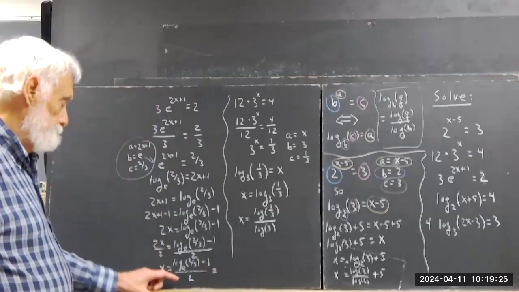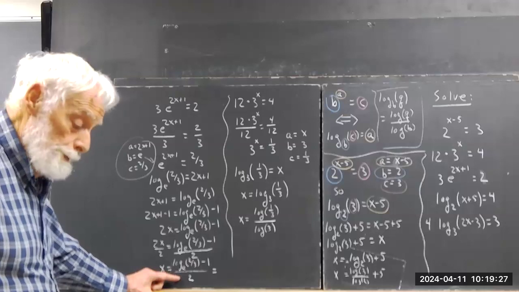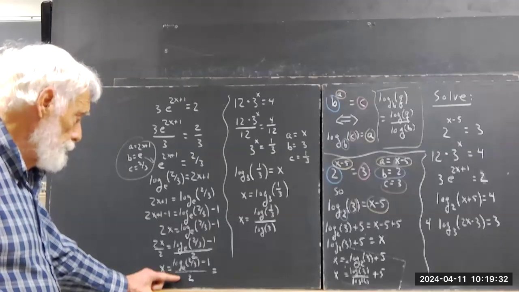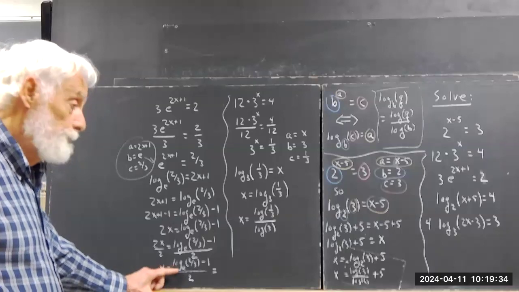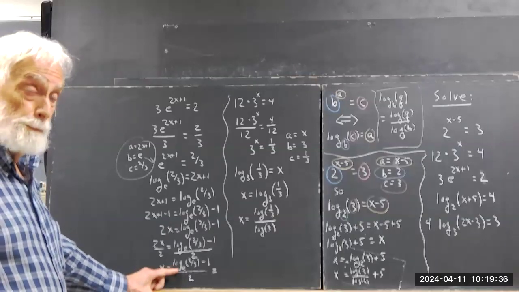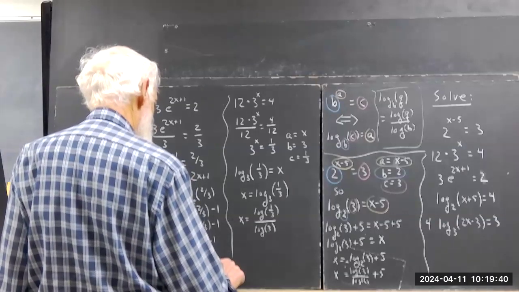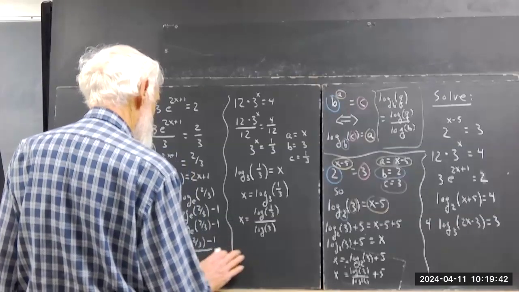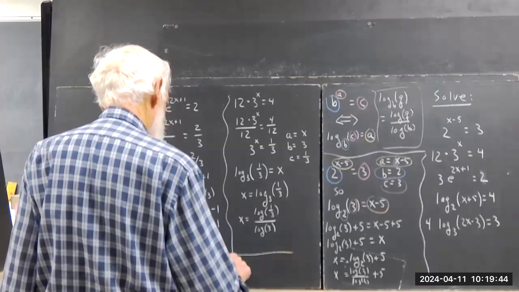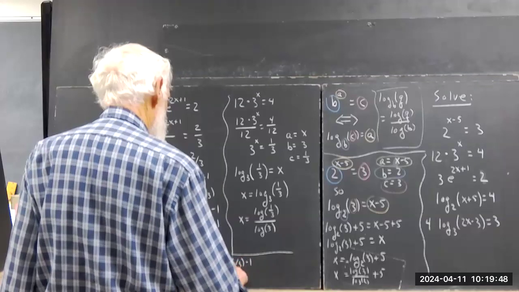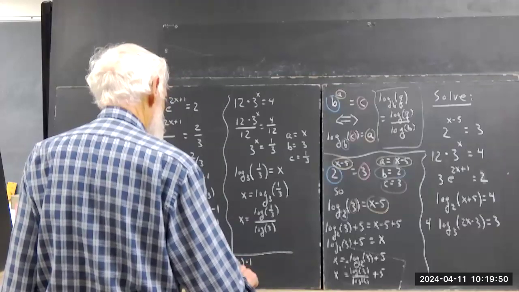Now, if you've read the materials and seen the open math stuff, and some people are a little bit behind, so not everybody has, log base e is the natural log. So we can write this as natural log of 2/3 minus 1, all divided by 2.